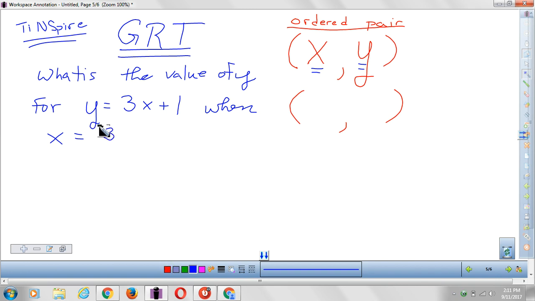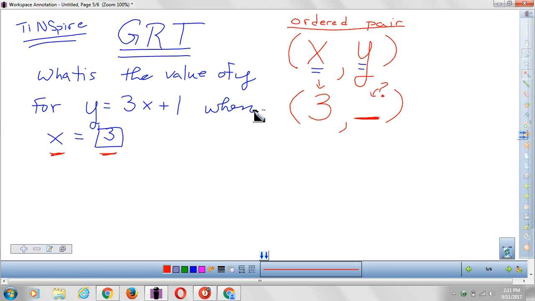So right here, this 3 is an x. This 3 right here is an x. And therefore, I can move those over here to these parentheses as an x. Remember that the x goes on the left. So that means that whatever number would come here would be my y. And that's exactly what they want. What is the value of y? So this piece right here is what I want. This is my answer over here.